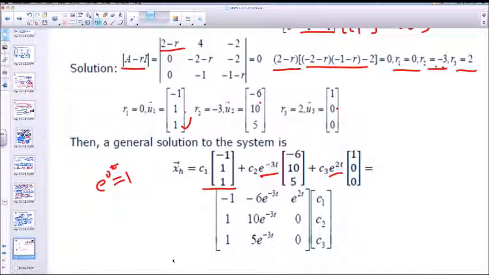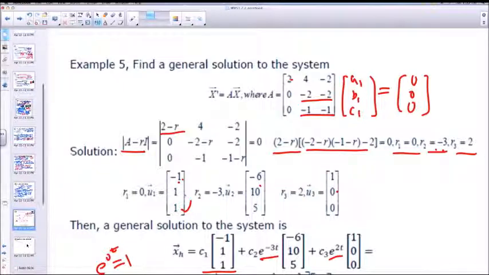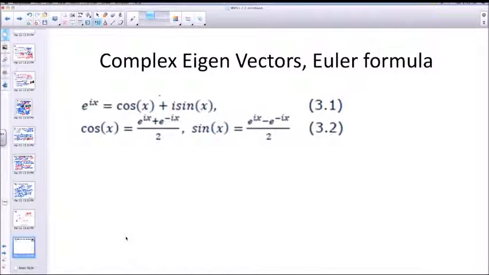Second one, third one. This is your solution. And you can check at least one. If you put a constant, you definitely get a 0. That's like this one. So you solved this homogeneous system.